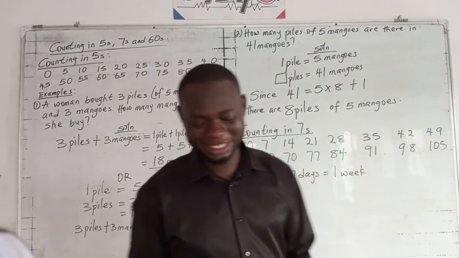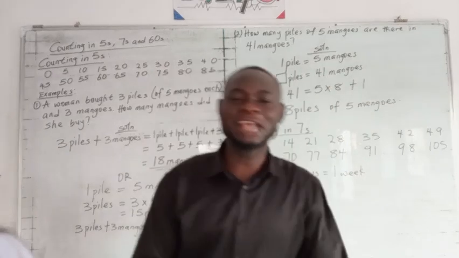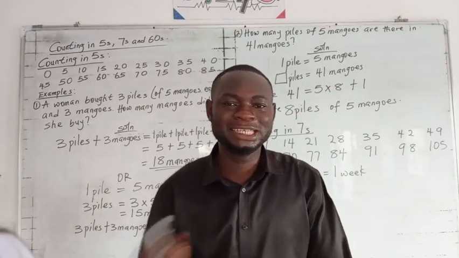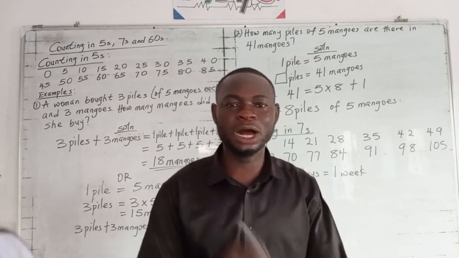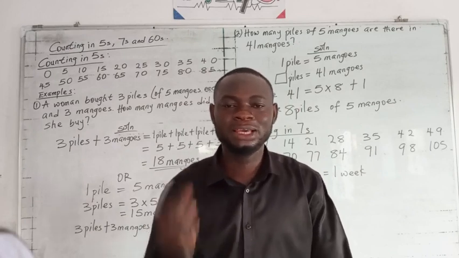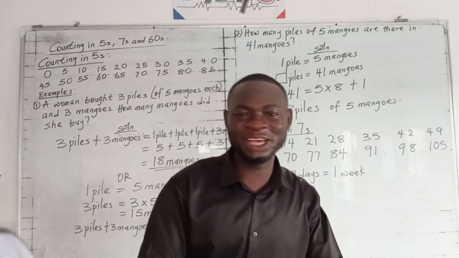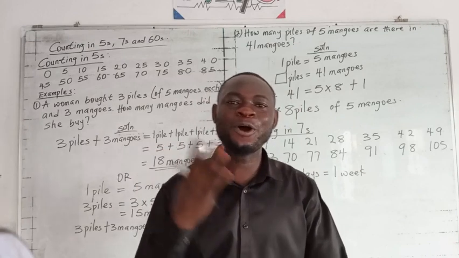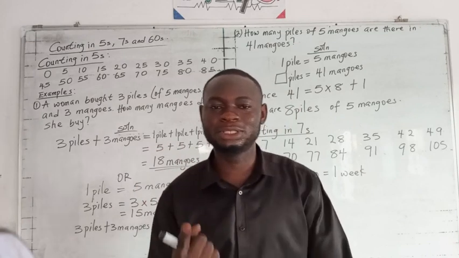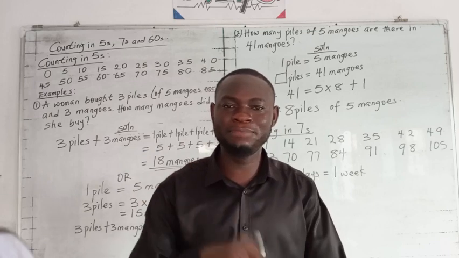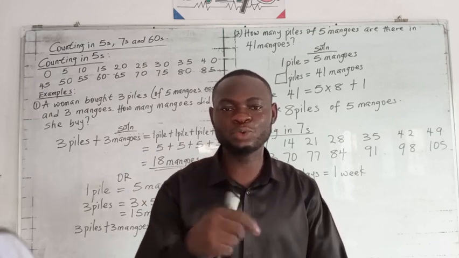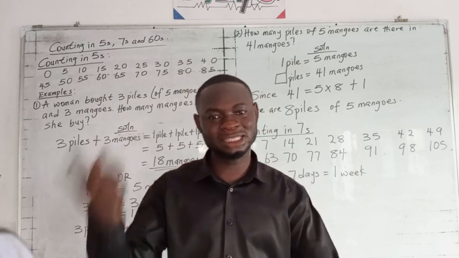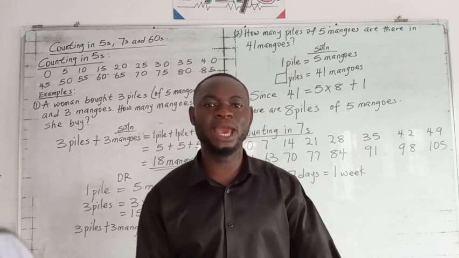Remember the song? 60 seconds makes 1 minute. 60 minutes makes 1 hour. 24 hours makes 1 day. 7 days makes 1 week. 4 weeks makes 1 month. 12 months makes 1 year. 365 days makes 1 year. 366 days makes 1 leap year.